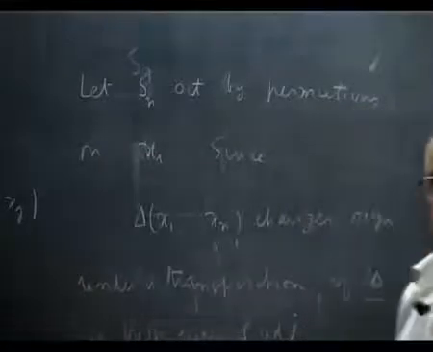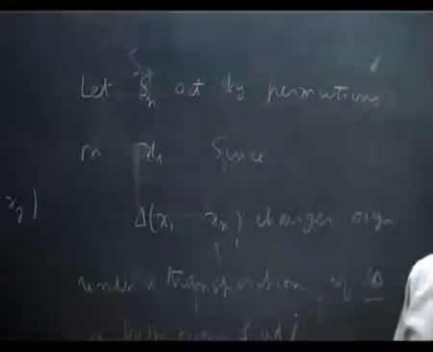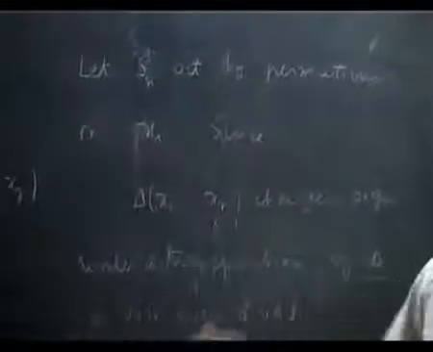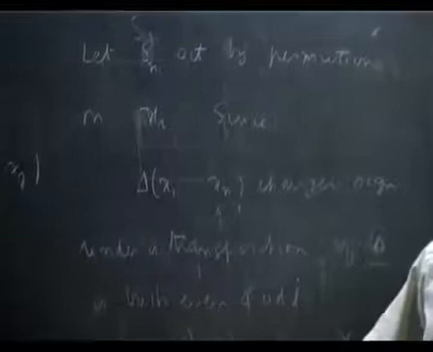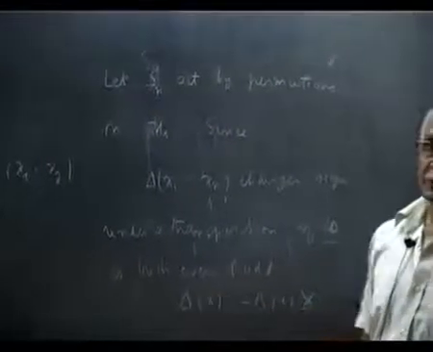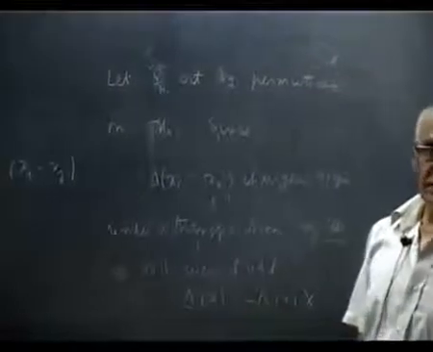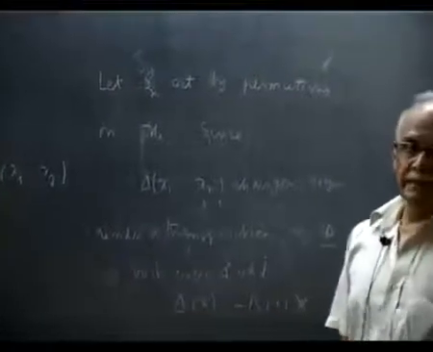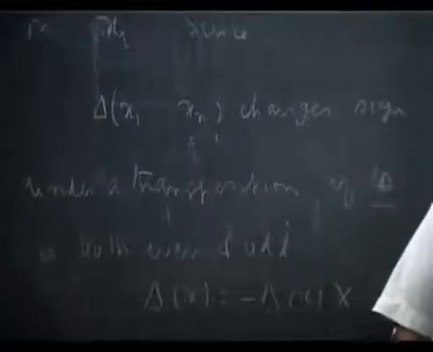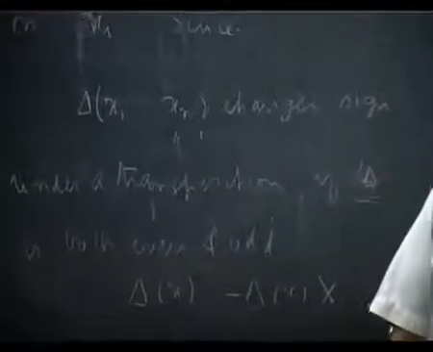That would mean delta is identically 0, but this determinant is not identically 0. So this is one way to prove it. So there is a unique sign you can associate to any element of the permutation group. We will use this later.